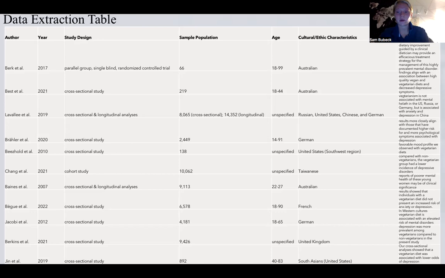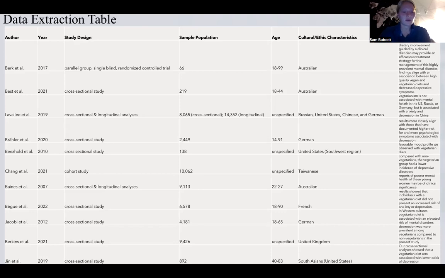It concluded that reports of poor mental health of these young women may be of clinical significance. So there was a negative association between mental health and the vegetarian diets consumed within this age and this sex in this specific area.